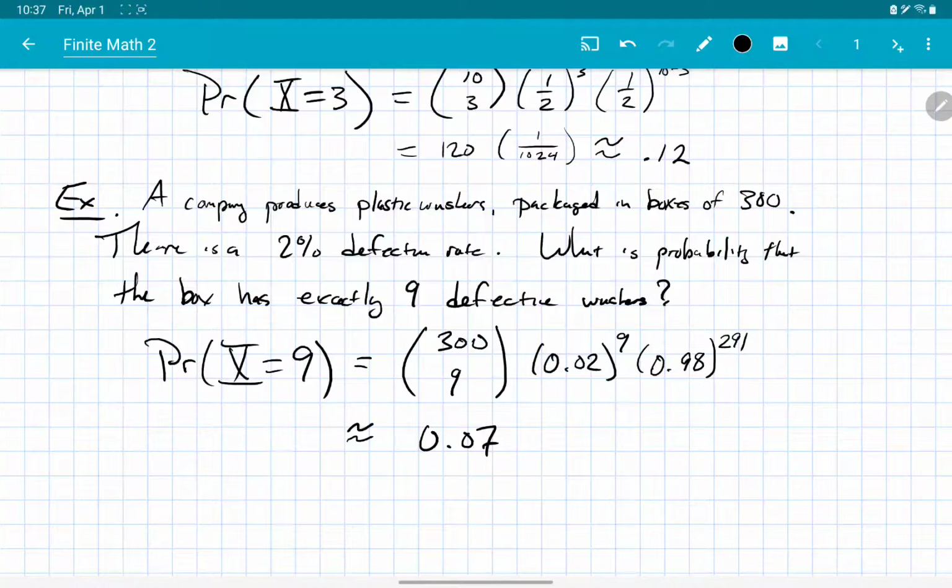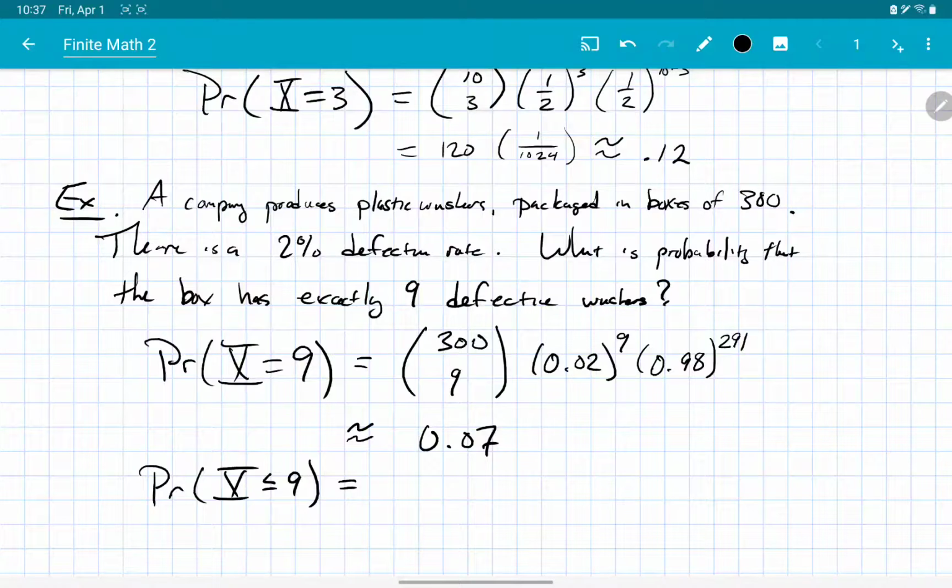Now, of course, most of the time you don't care about exactly 9. You want to know, what's the probability that I have less than 9 defective washers? Well, that's a little harder, because that's the probability of x is less than or equal to 9.